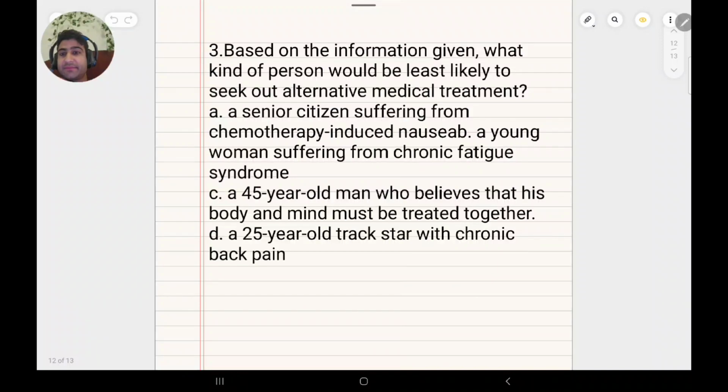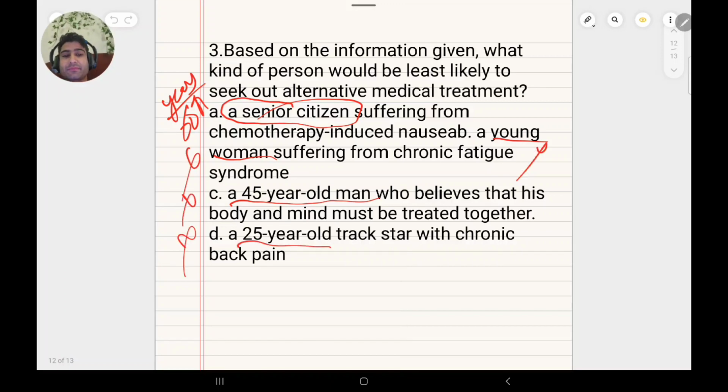So the answer would be a senior citizen. The young woman cannot be, and a 45-year-old man is not a senior citizen. Senior citizens are around 60 or more than 60 years. A 25-year-old cannot be. So the answer would be the senior citizen one.